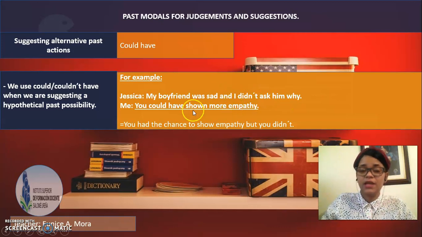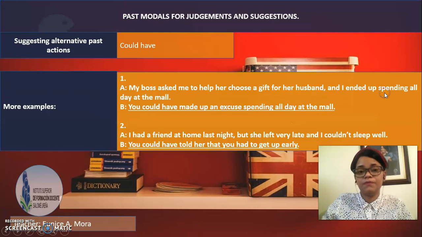This was what happened, right? Then I say, you could have shown more empathy. Then I mean that she, Jessica, had the chance to show empathy, but she didn't show empathy, right? Like it was a possibility for her, but she didn't do it.